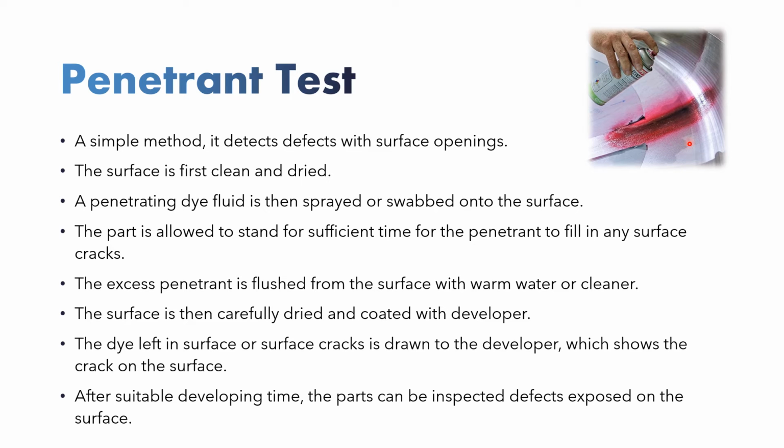Then we're going to let it dry. Coat it with a developer, and then wait. And that developer is going to react with the dye left on that surface. So later on, you can inspect that surface by looking for the defects exposed on it. So that's what we're trying to do.